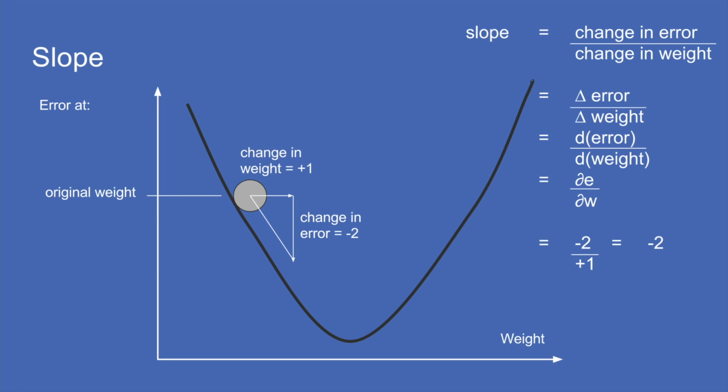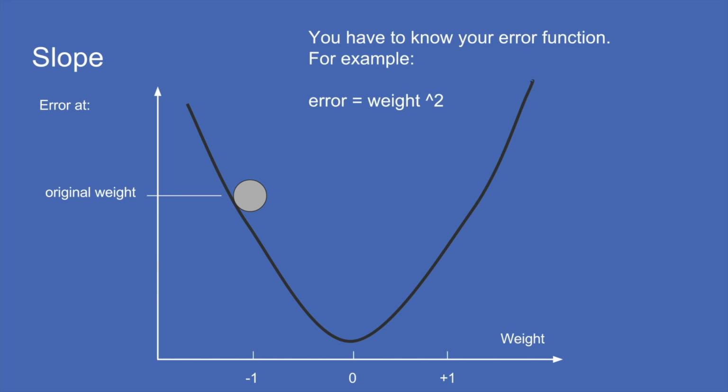So in this case, if we change the weight by +1, the error changes by -2, which gives us a slope of -2. That tells us the direction that we should adjust our weight and how much we should adjust it to bring the error down. Now to do this, you have to know what your error function is.